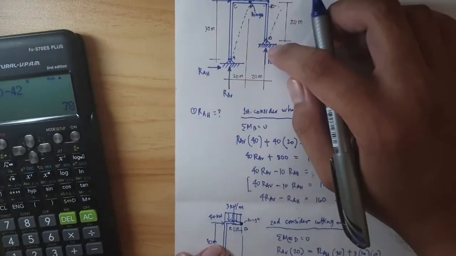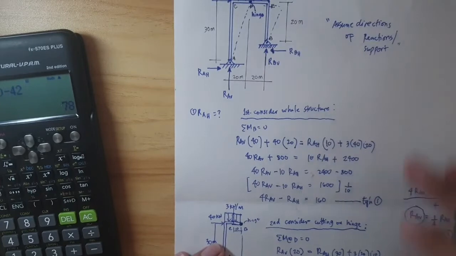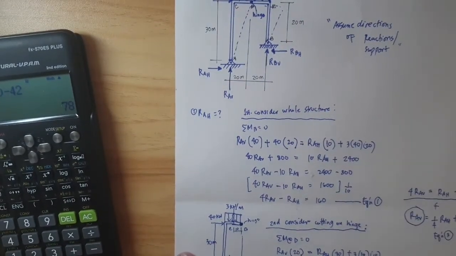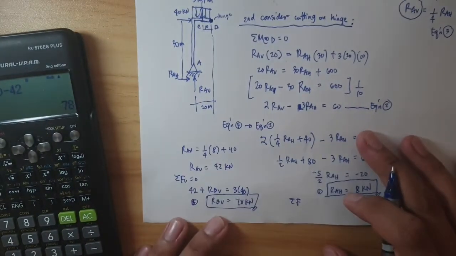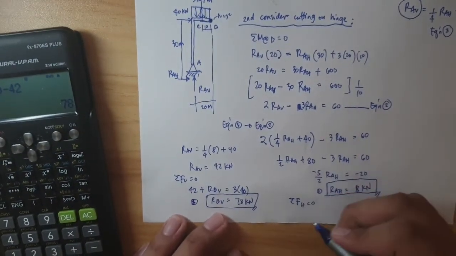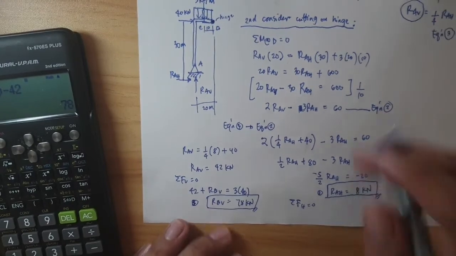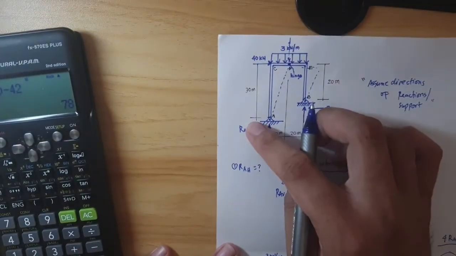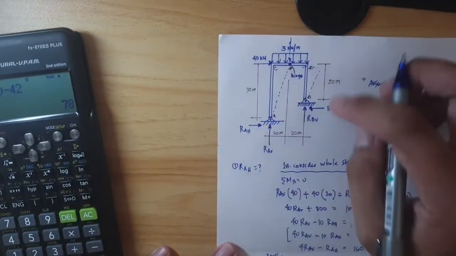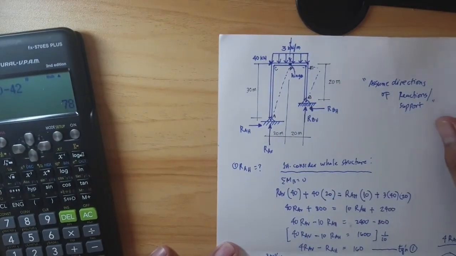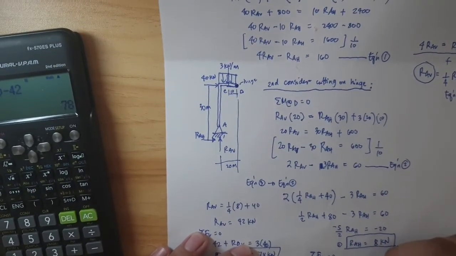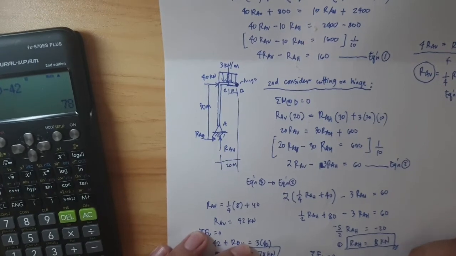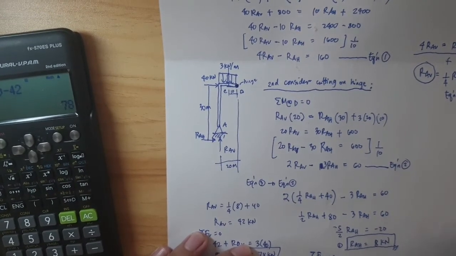So this one. So sum up lang ka of forces horizontal. So summation forces horizontal equal to 0. So RAH plus 40 is equal to RBH. RAH plus 40 equal to RBH.